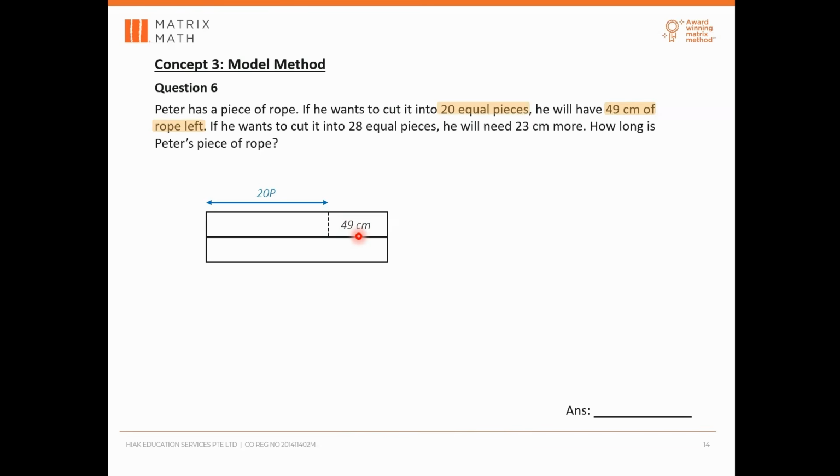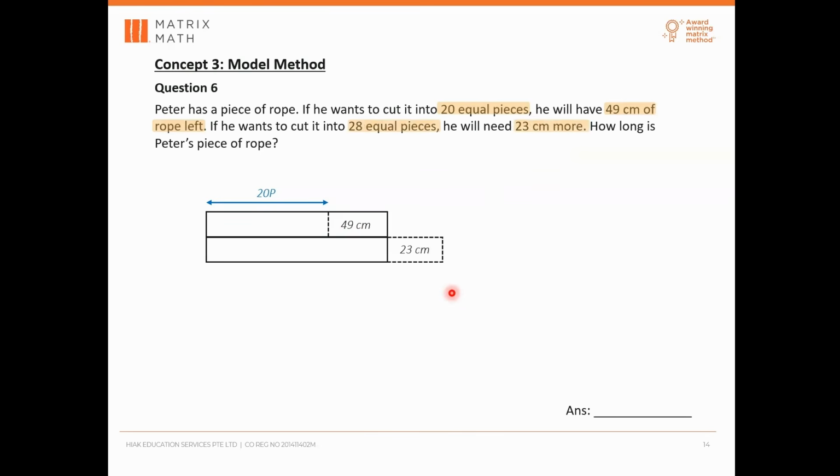In the second scenario, if he wants 28 pieces, he will need 23 cm more. 23 cm add on or cut out? So it depends on whether the 23 cm is part of his original or not. Okay, so 23 cm is what he needs, the extra that he needs. So you don't cut out, but you add on.